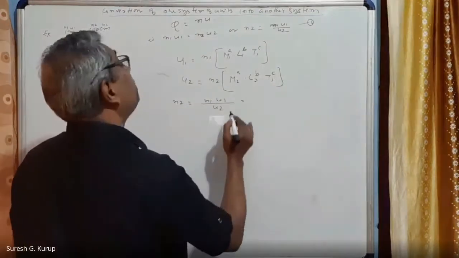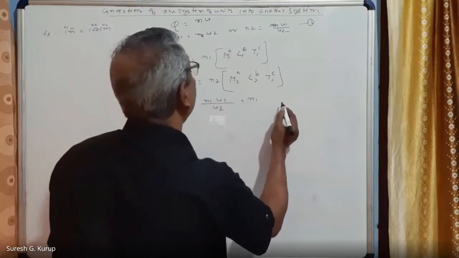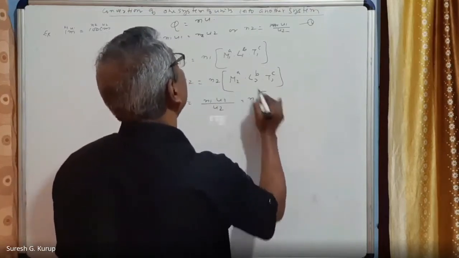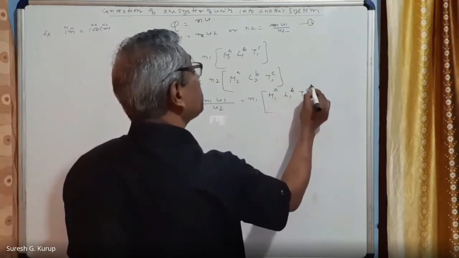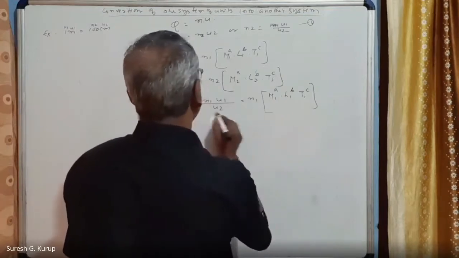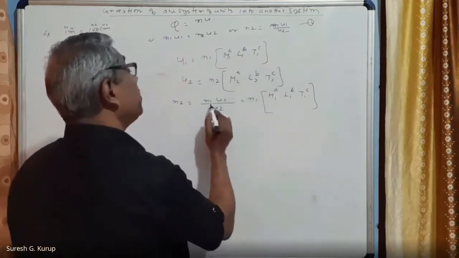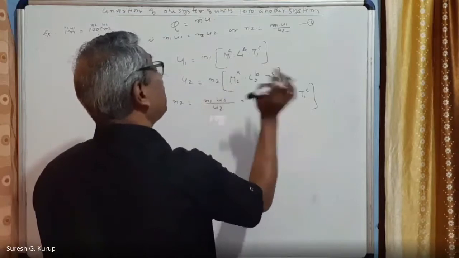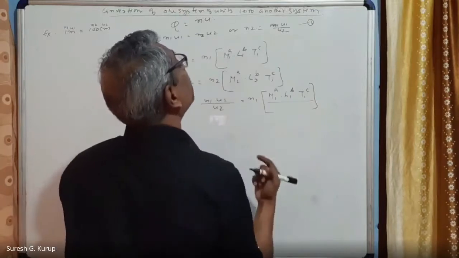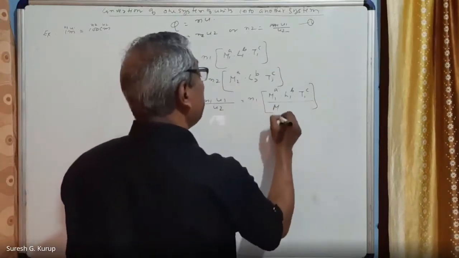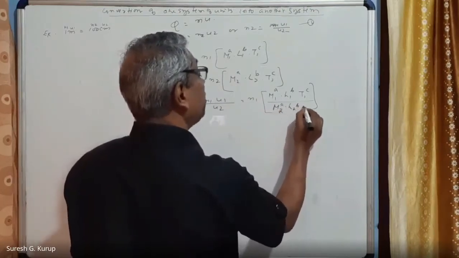Now here N2 is equal to N1 U1 divided by U2, that is N1 into M1 raised to a, L1 raised to b, T1 raised to c, the whole divided by U2, where U2 is M2 raised to a into L2 raised to b into T2 raised to c.